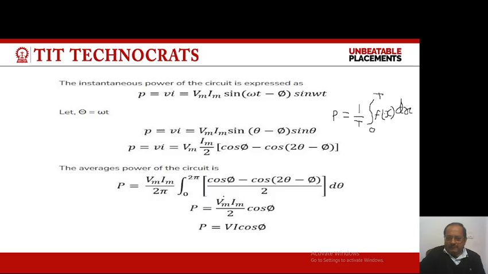So this is the maximum value, and we can convert this value into RMS value.